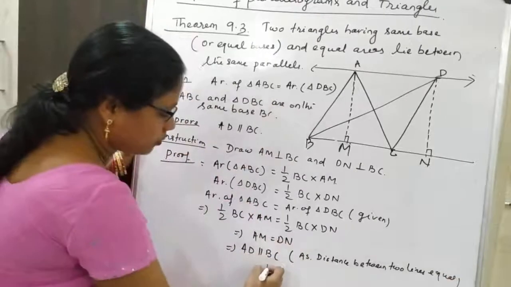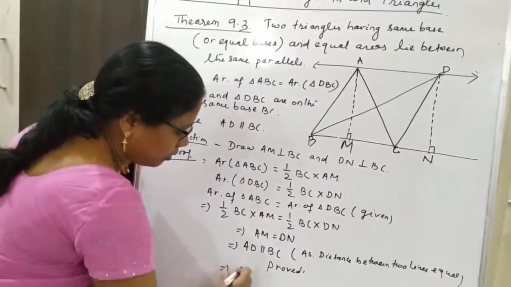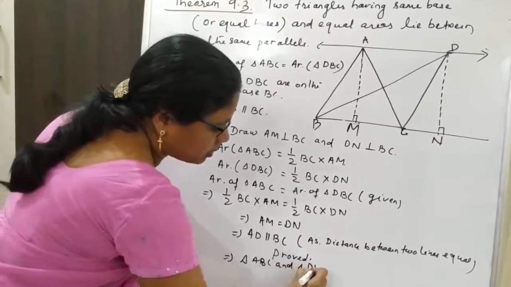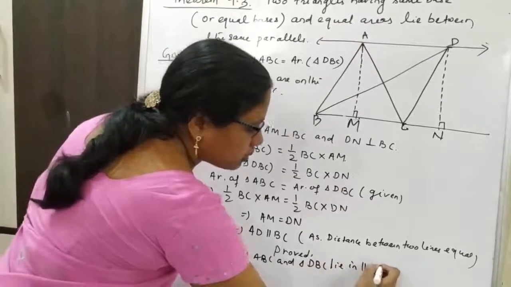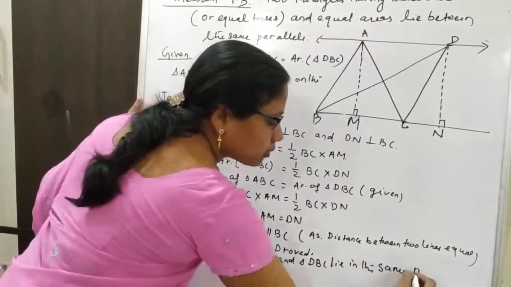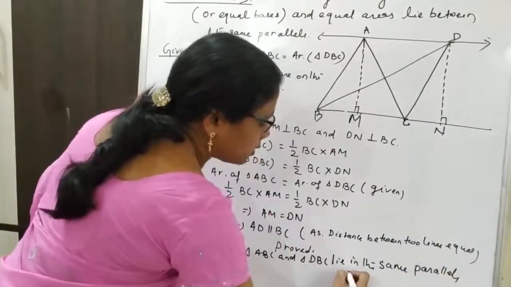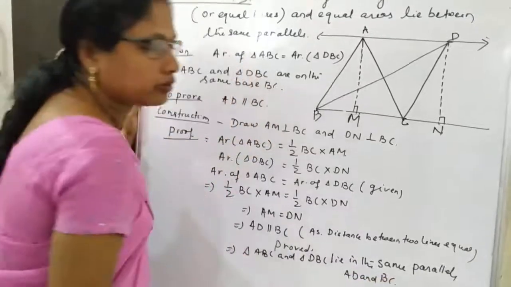So this is proved. So this implies triangle ABC and triangle DBC lie in the same parallels, AD and BC. So this is proved.